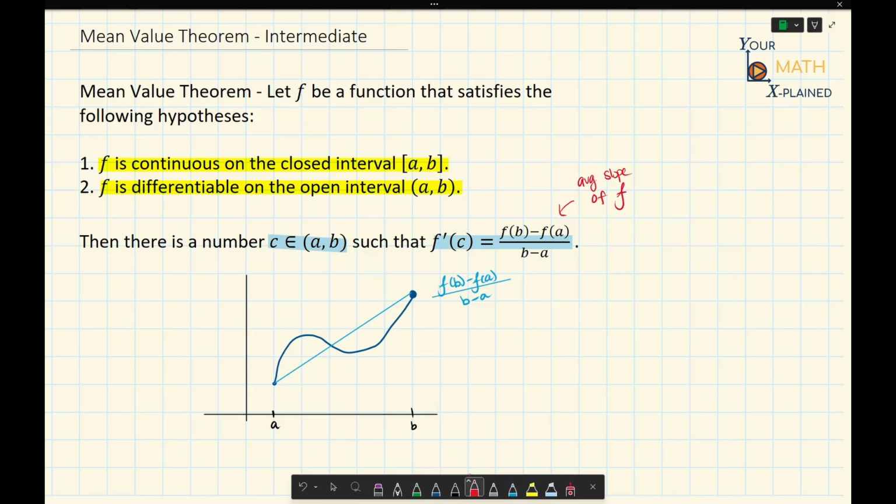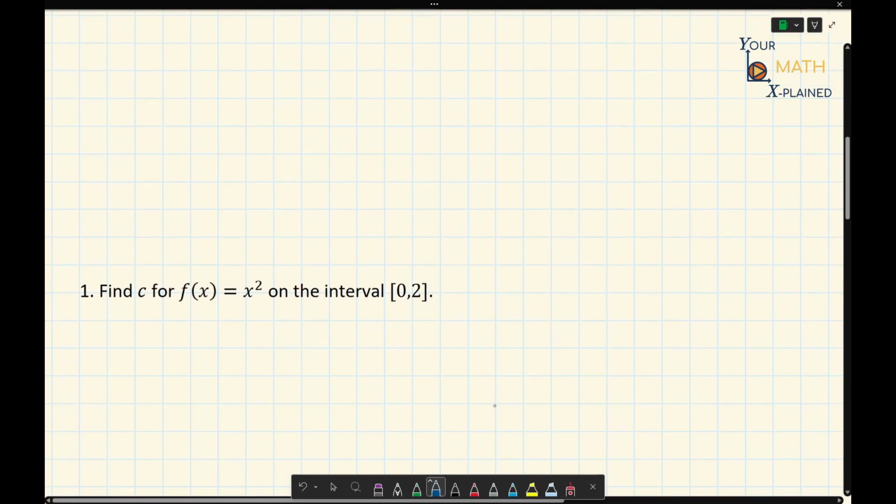And in this case, we would have two such points. There is one roughly around here, and then another one roughly around here. So there could be multiple, but the mean value theorem guarantees at least one. So here we would have these two points where the tangent line has the same slope as the average slope.